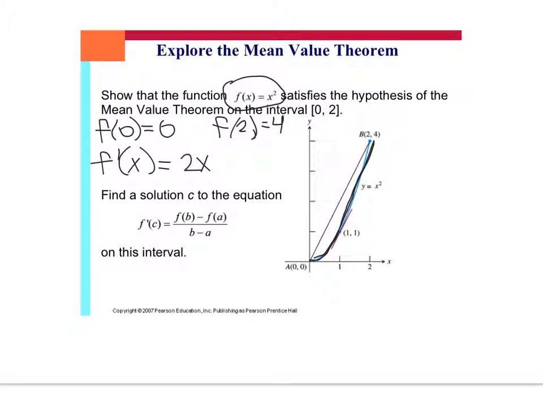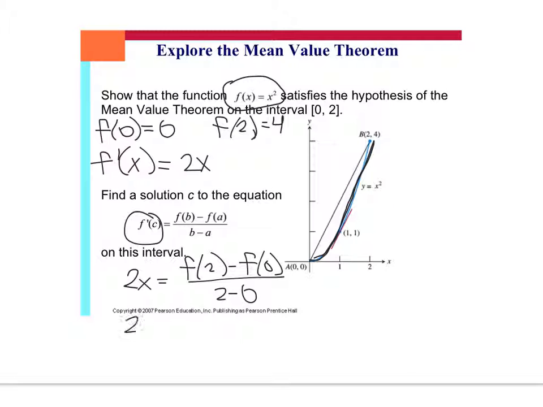The average rate of change from 0 to 2 is f of 2 minus f of 0, all over 2 minus 0. So we get 2x equals 4 minus 0 all over 2, so 2x equals 2. Therefore, x equals 1.